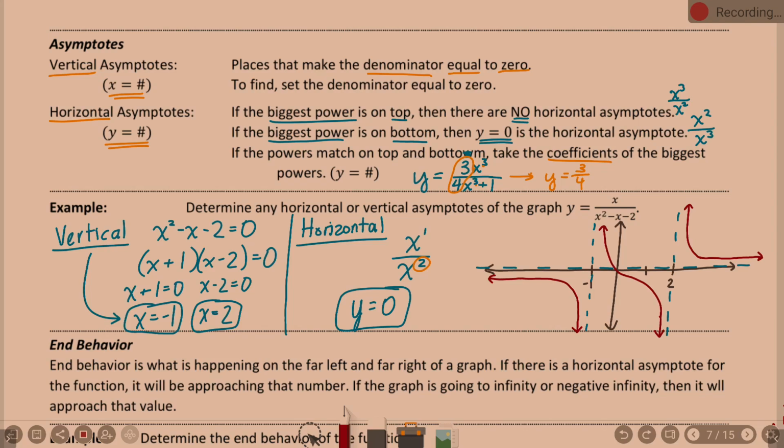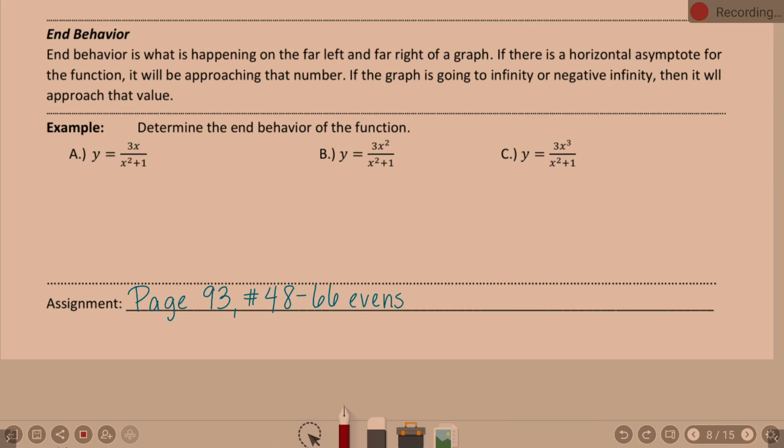Now, officially, end behavior is what is happening on the far left, so Mrs. Holman's room, and far right, the high school office, right? What is the graph doing? When I say far left and far right, we can also think negative infinity and positive infinity. If there is a horizontal asymptote for the function, it will be approaching that number. And that's what I was just explaining in that last example.